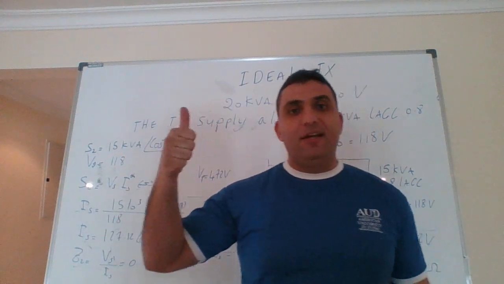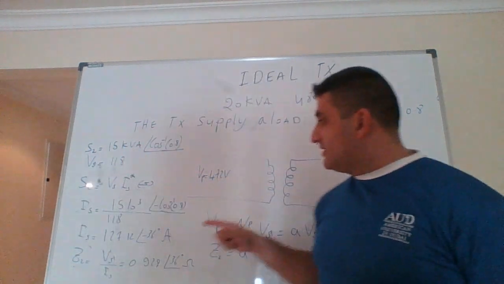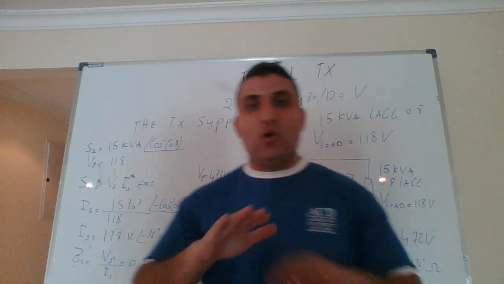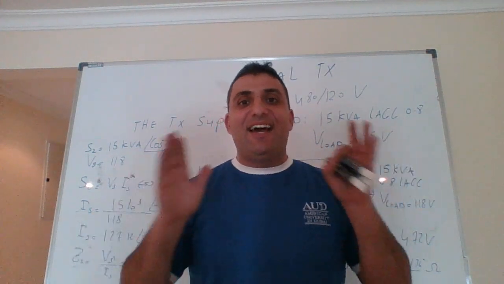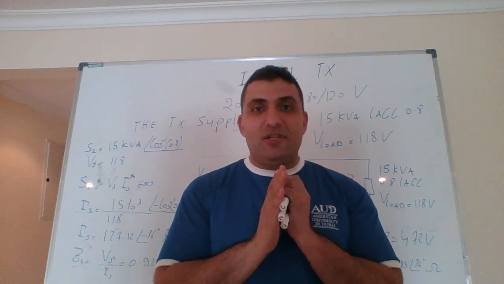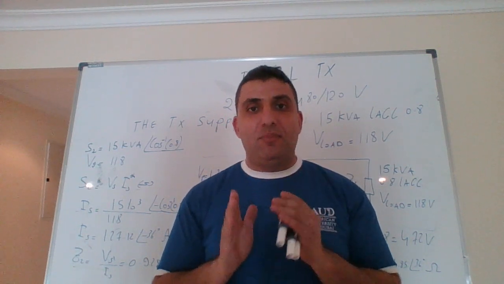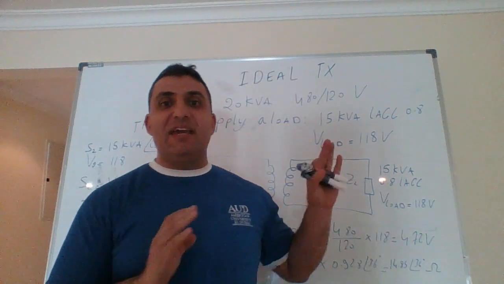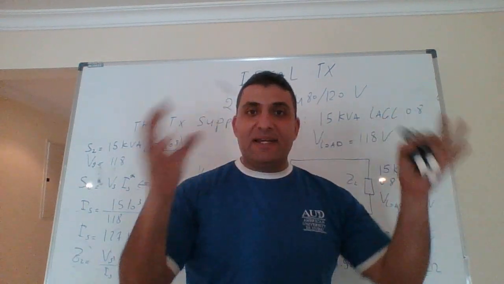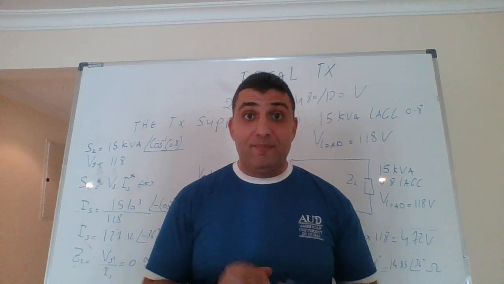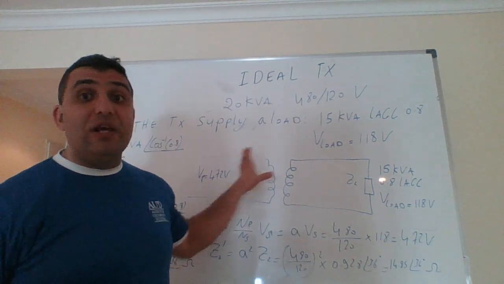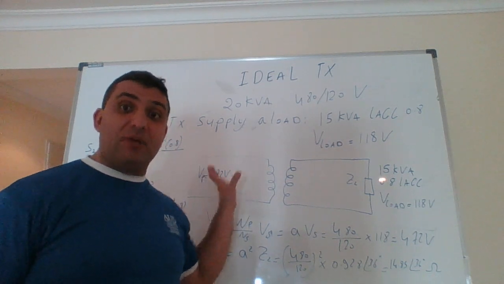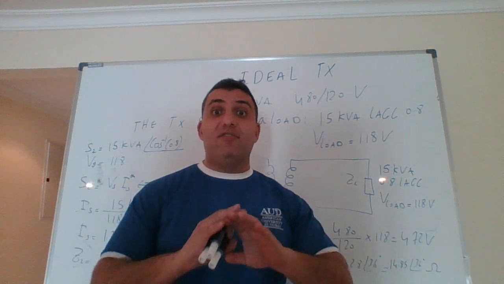Number one, zero resistance for the primary and secondary winding, so I eliminated I squared R losses. Number two, the permeability mu of the core is infinite, which gives a reluctance of the magnetic circuit of 0. Number three, no leakage flux: all the flux from the primary goes through to the secondary. And number four, no core losses.